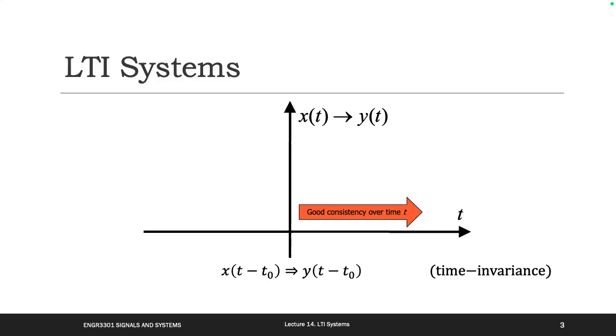Actually, this is time invariance. If it is linear, it has a good predictability from x(t) to y(t), because we have these properties.